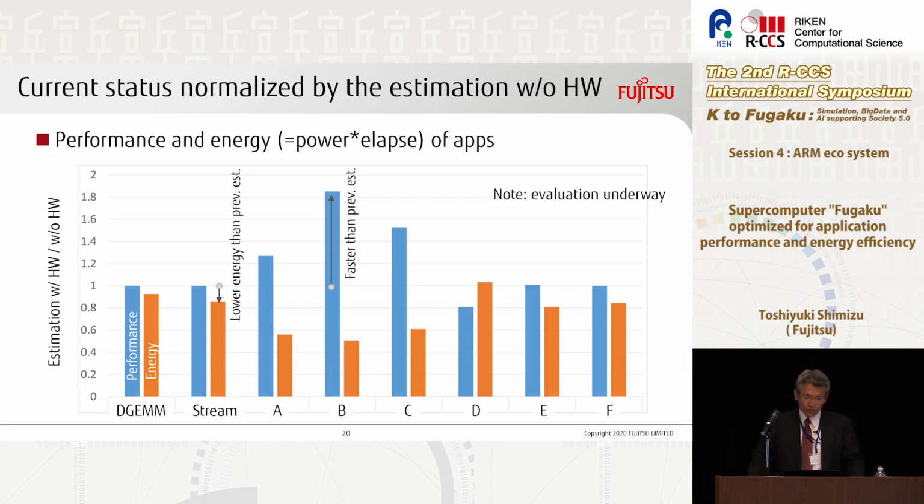Okay. So for the performance, larger than 1 means the current performance is faster than the previous estimation. For the energy, smaller than 1 means the power consumption in the current measurement is lower than the previous estimation. A to F are Fugaku priority issues.